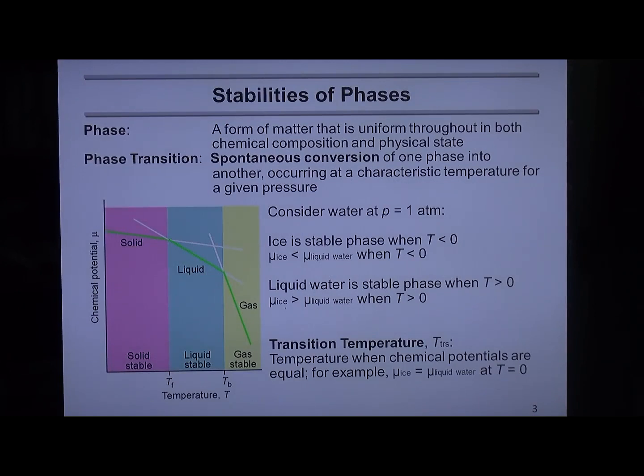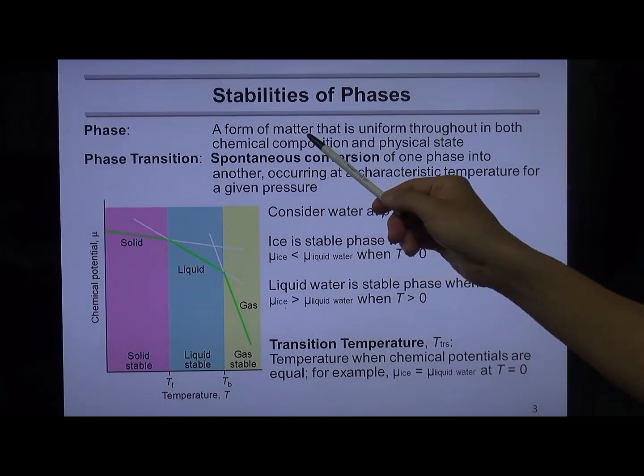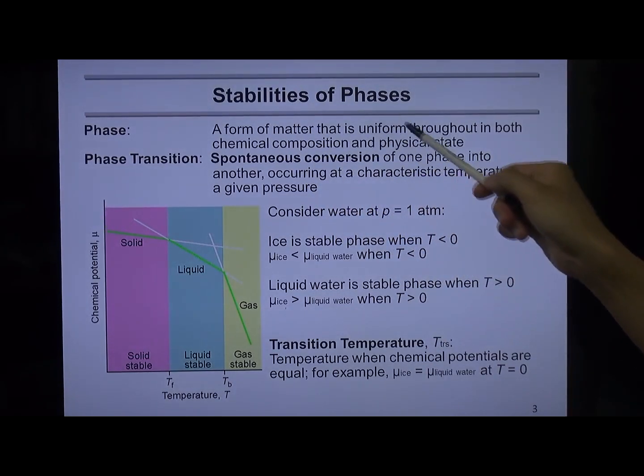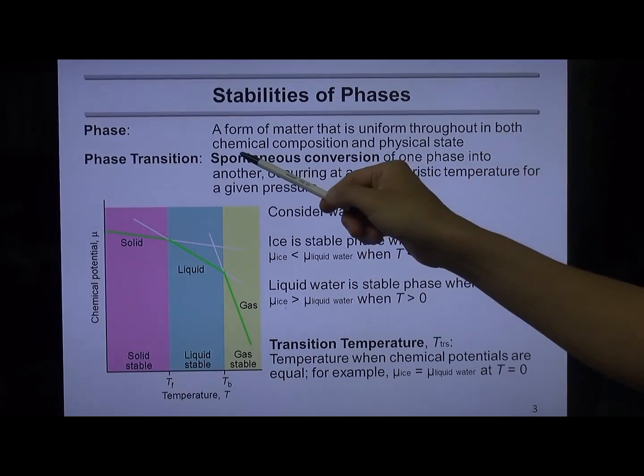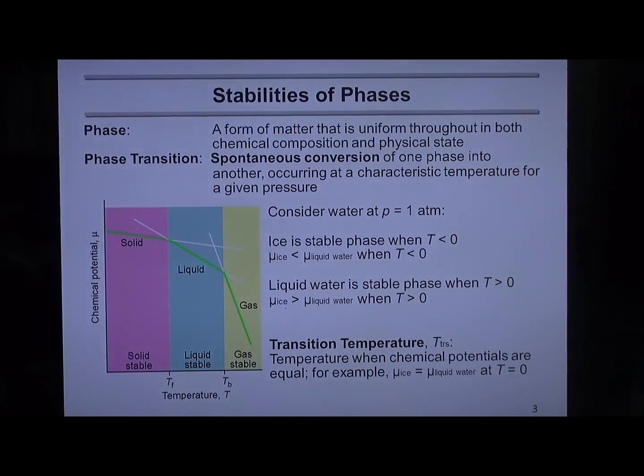Alright, so before we move on, let's introduce a few important concepts, a few important terms. First, phase. Phase is defined as a form of matter that is uniform throughout in both chemical composition and physical state.